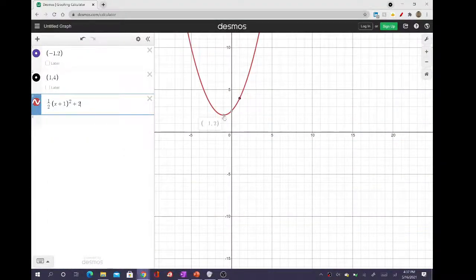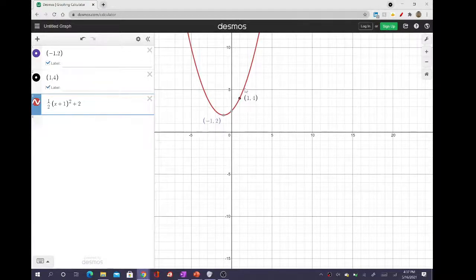And as you can see, these 2 points that I put before are actually shown. They're the ones that go through the parabola. So that's just how it works.